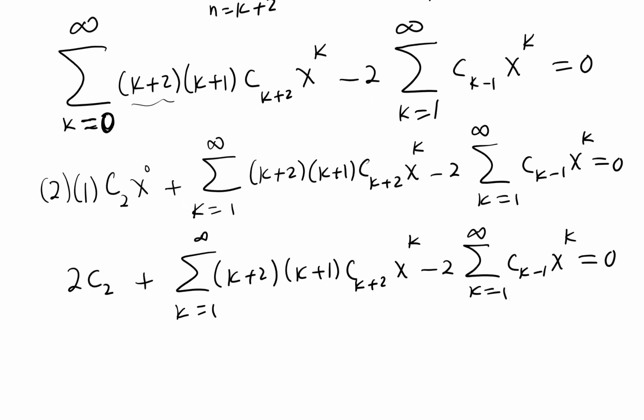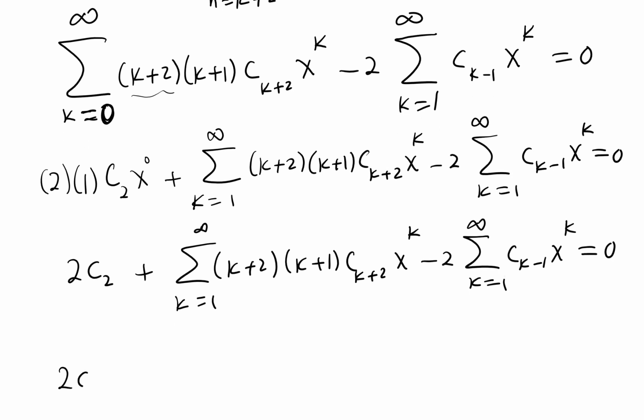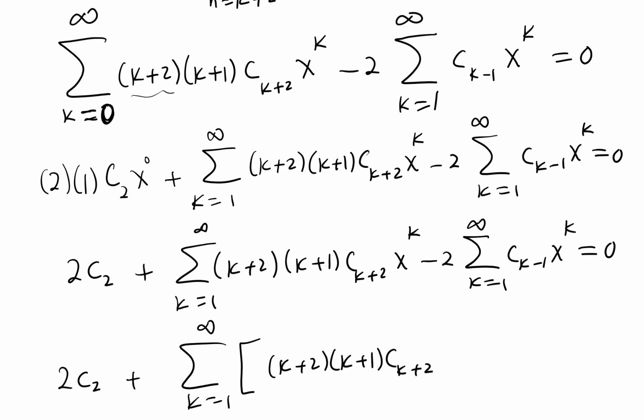So the one on the front is just 2c2, plus the sums. Now since the bounds match, I can rewrite all of this as the sum of k plus 2, k plus 1, c sub k plus 2, minus 2 c sub k minus 1, times x to the k, equals 0.